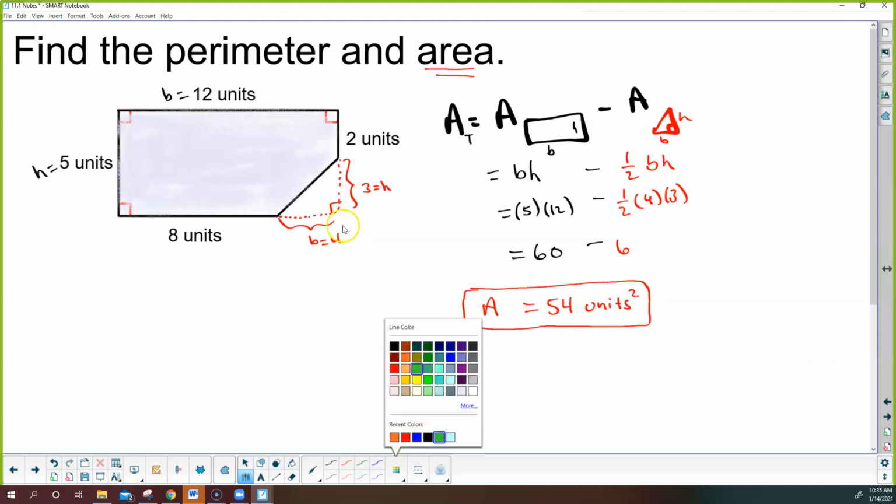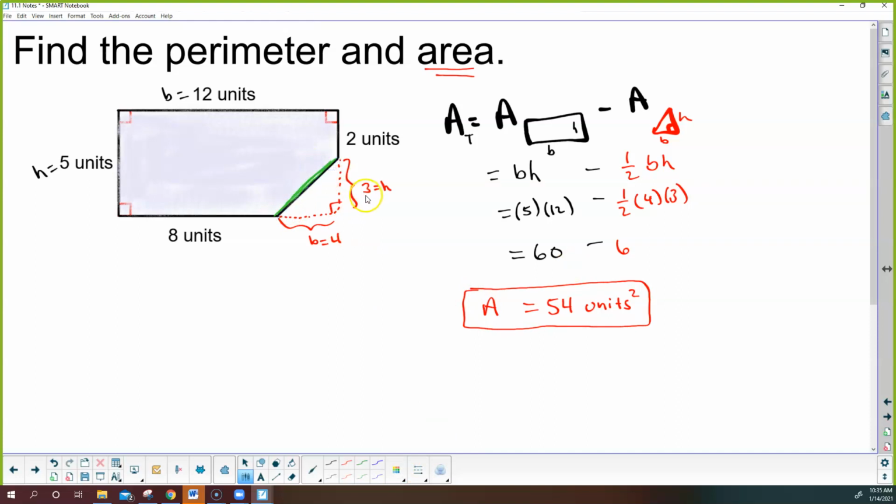All right, and then my perimeter deals with knowing this length right here. Now, I'm not going to show this work, but you could do 3 squared plus 4 squared equals c squared and do the Pythagorean theorem, but it's a triple. 3, 4, the only possible answer is this has to be 5.